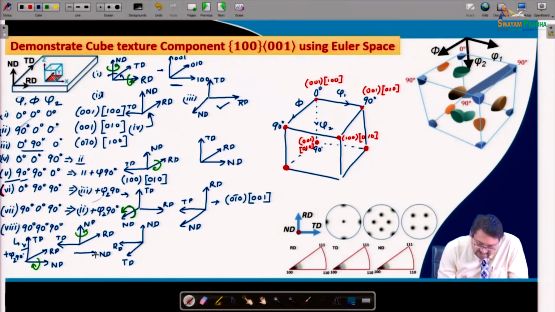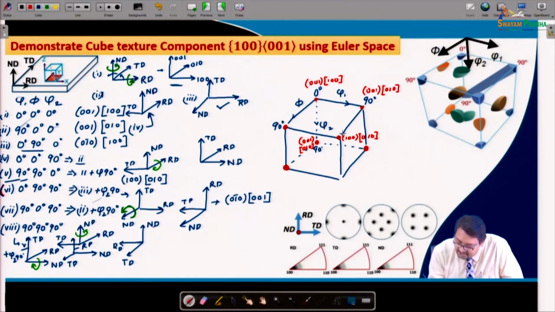The R d, because we are rotating like that, R d comes up. So, this is R d and the T d comes here. Thereby we also obtain the position of the cube component at this. So, you see there are cube components present in all the 8 corners.